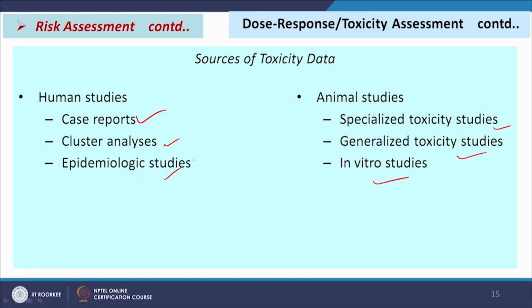Initially it was tested on animals, then when it was successful, selective people were identified, and it was administered to that group, followed by case reports and cluster analysis like this. That way the toxicity is assessed, or the dose response, what the dose will be, is determined.